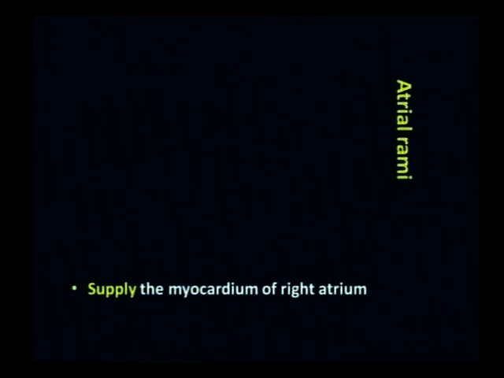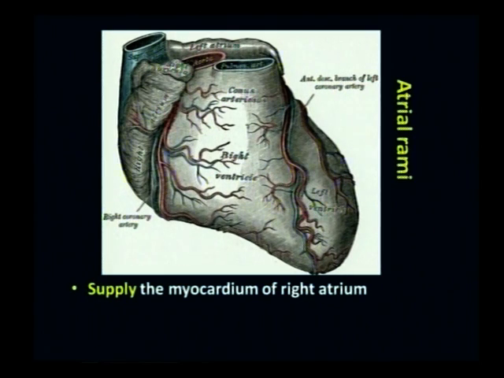Atrial branches of the first segment supply the myocardium of the right atrium like this, and they will be 2 to 3 in number. Among the branches supplying the anterior surface of the right atrium, the important branch we have to see is the sinuatrial nodal artery. That is the artery which supplies the sinoatrial node. You all know the sinoatrial node is situated in the right atrium.